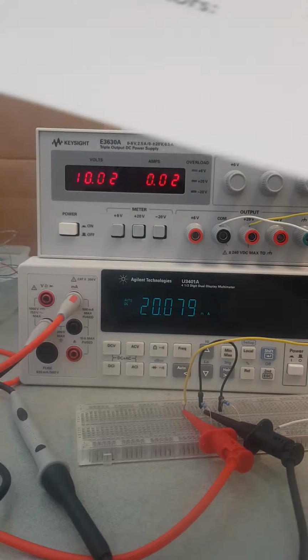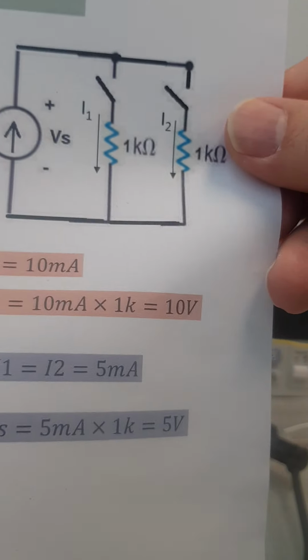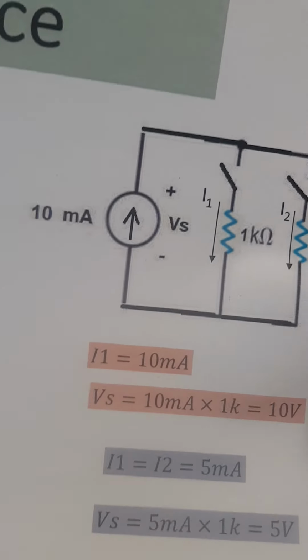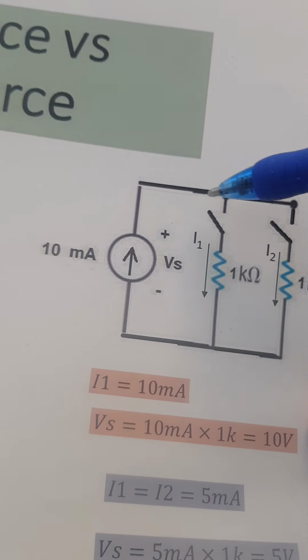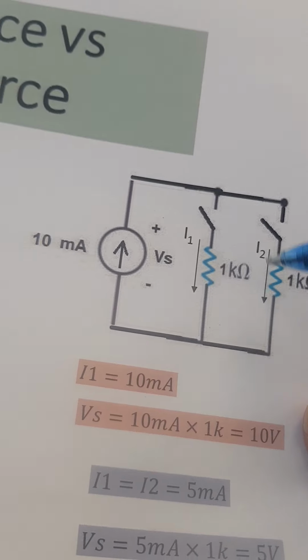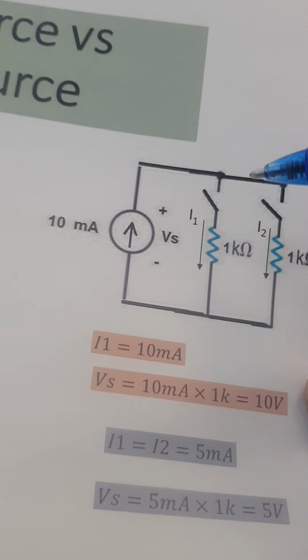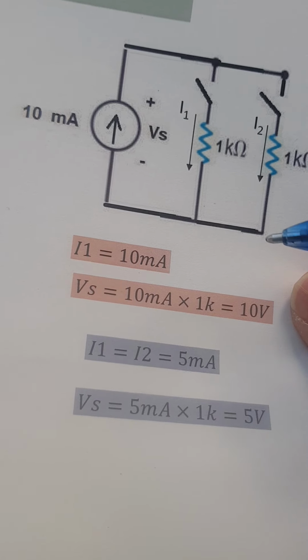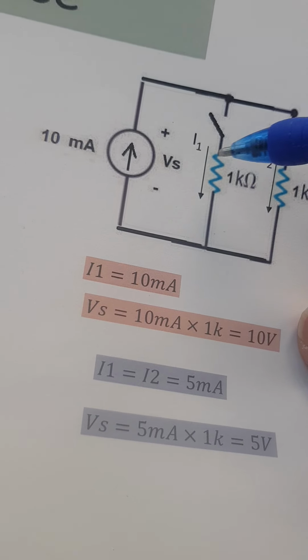However, if we go to the current source, let's see what will happen here. Now, this 10 milliamps current will come and see two equal resistors, so it will be split. This will have 5 milliamps and this will have 5 milliamps. So the current is reduced to half.